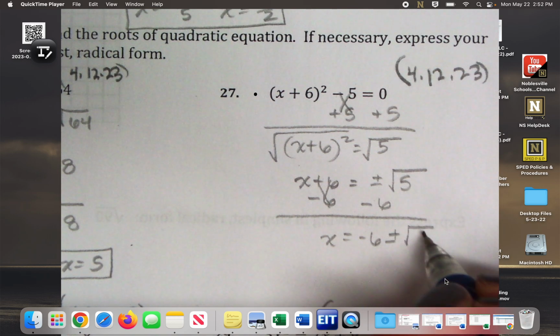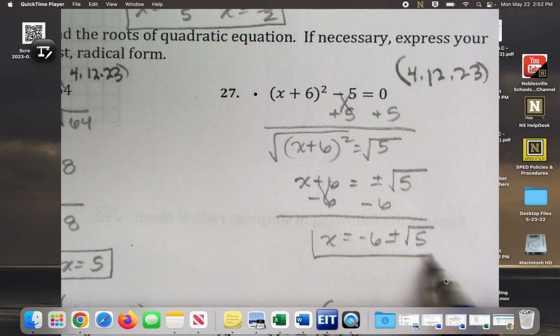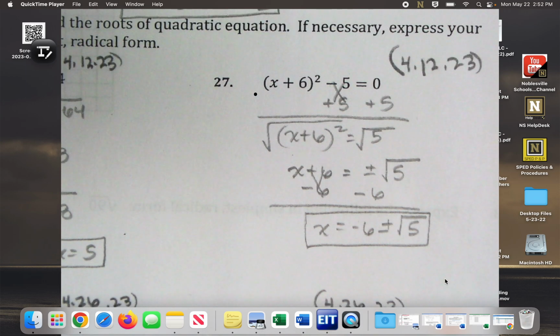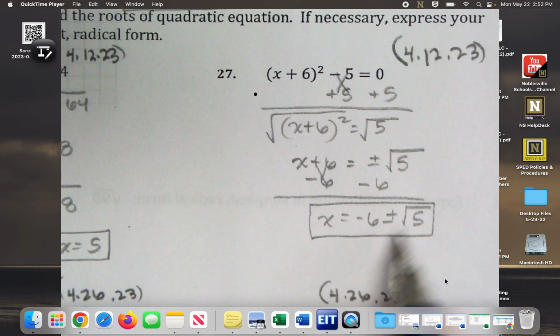Here we go. Get everything right, and then I'm gonna get promoted to geometry by the end of this year. You're going to go to geometry? Okay. All right, so this is my answer. Negative 6 plus or minus the square root of 5. Are you able to skip geometry? No, I already asked multiple times. I tried so hard to skip geometry, they wouldn't let me.